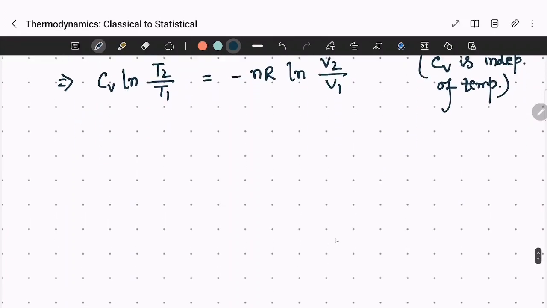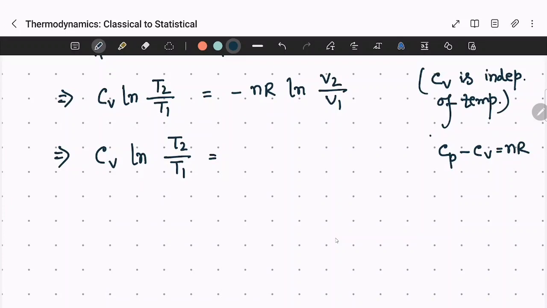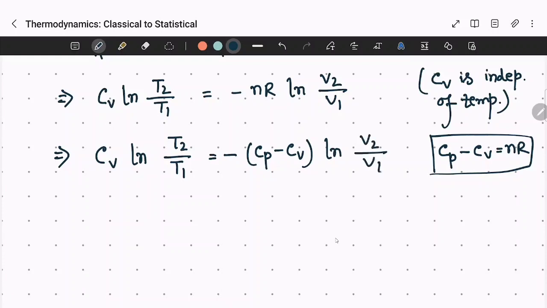Then only we can bring Cv out of the integration. So if this is the case, Cv ln T2 by T1 equals, we know for an ideal gas Cp minus Cv equals nR. This proof has been done in class.